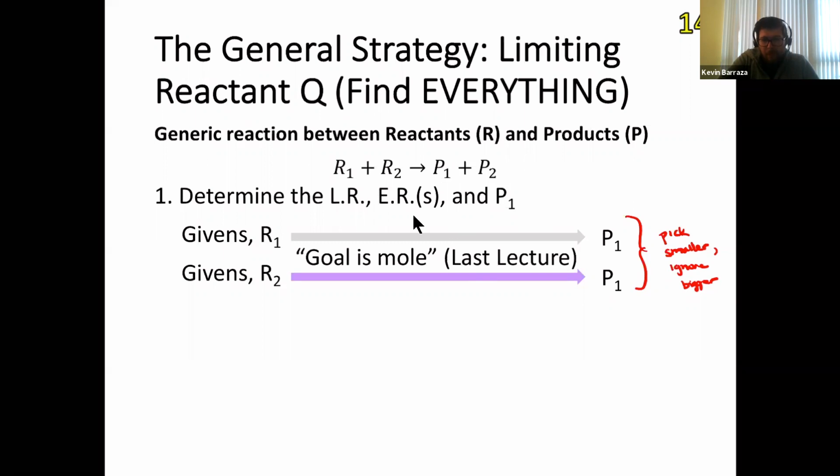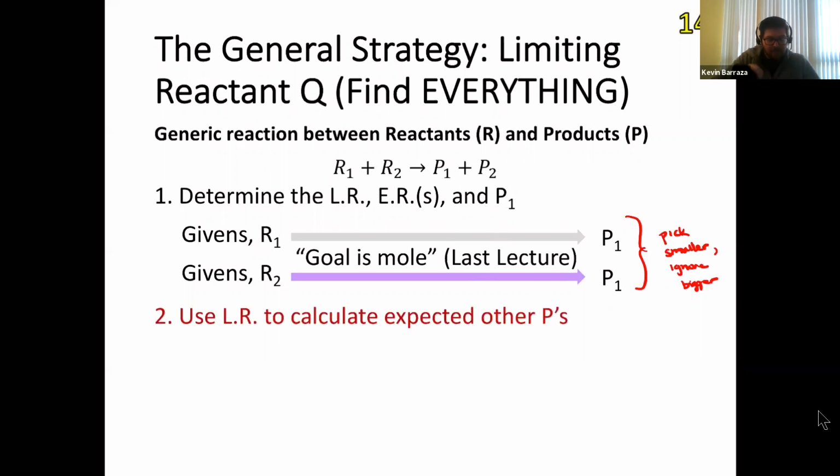So that's the sort of new piece to this. But once we do that, we can use the limiting reactant in all of our subsequent calculations. Remember, the limiting reactant controls when the reaction stops. And so the limiting reactant is the starting point for all of your calculations because it controls everything.